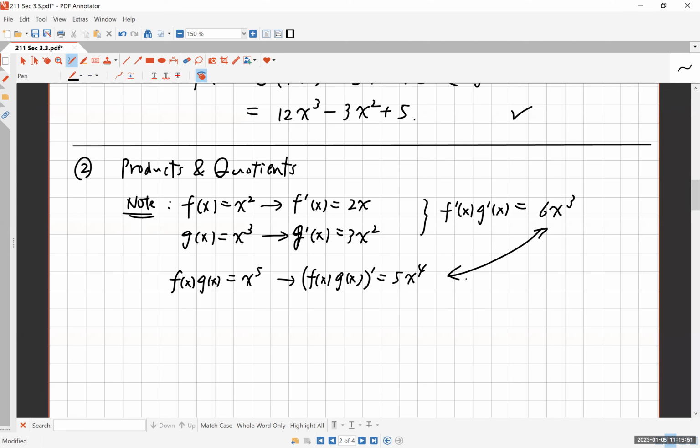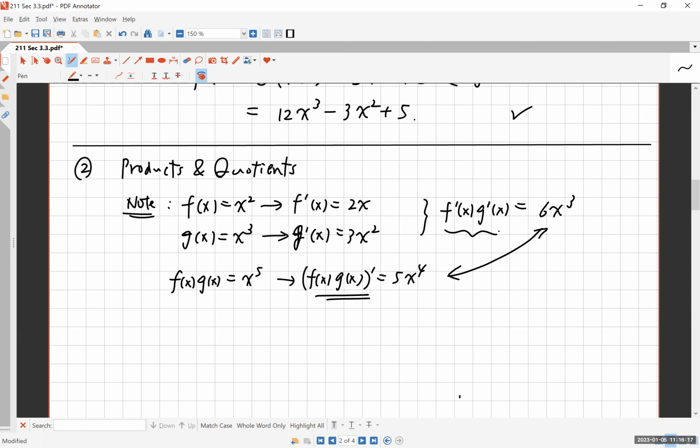So this simple example shows you that the derivative of a product is not the product of the derivatives. Okay, you may want to write that. What did I just say? The derivative of a product is not the product of the derivatives. So the limit does not necessarily work that nice.